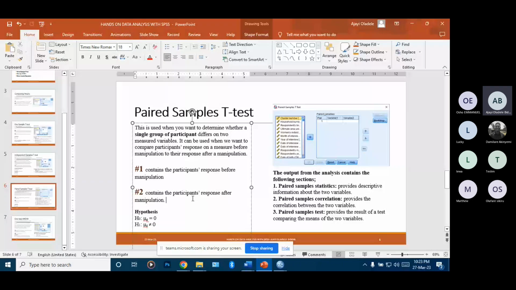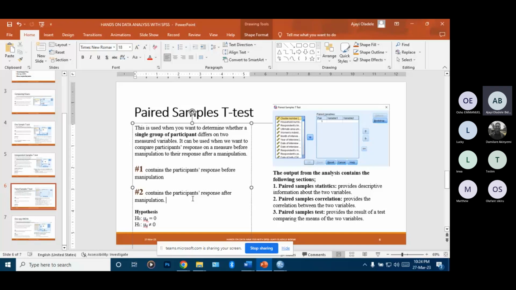Again, for example, some patients are taking a particular drug before. Now the drug had a new component added to it. They now started taking it again. They now measured the improvement.